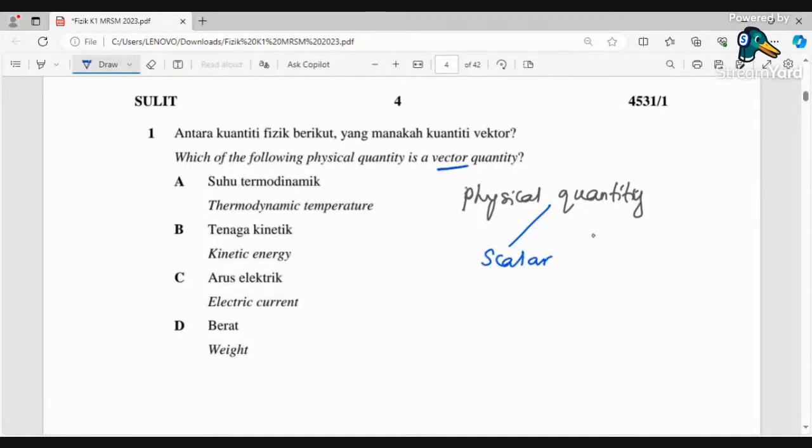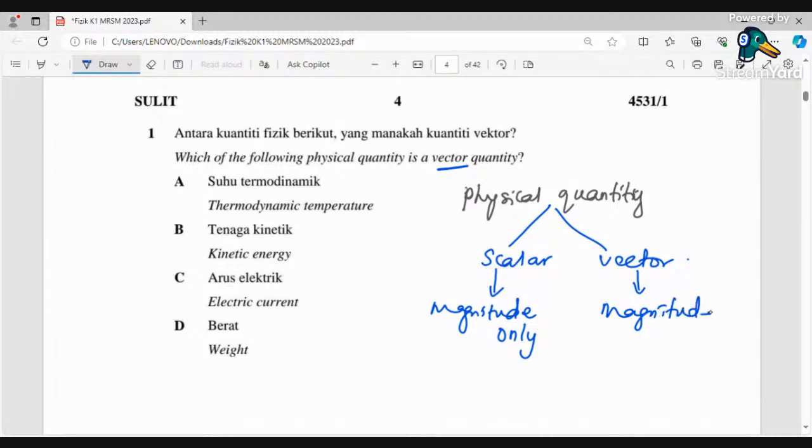Scalar is magnitude only. Vector is magnitude and direction.